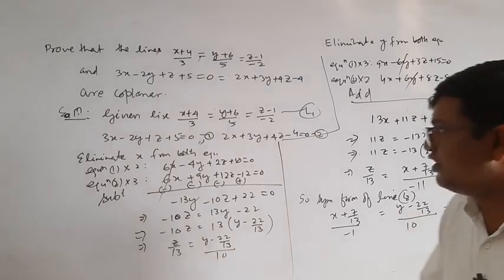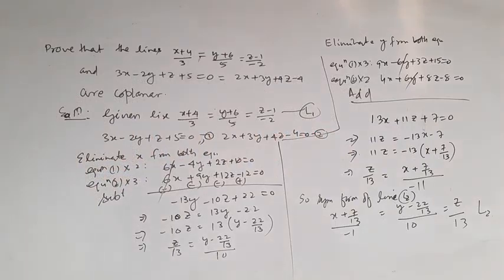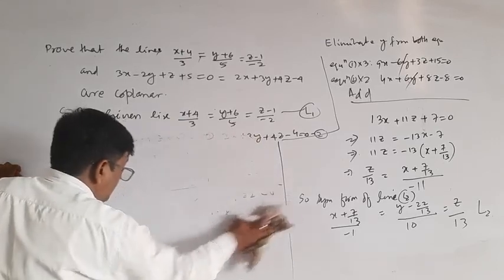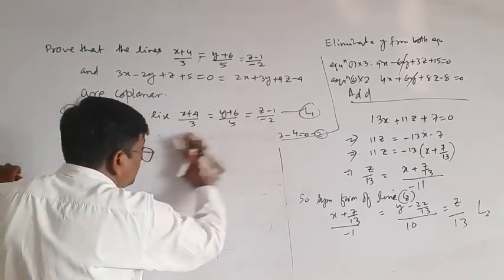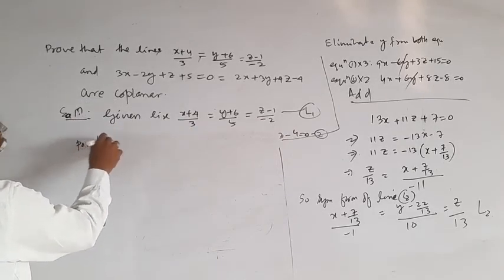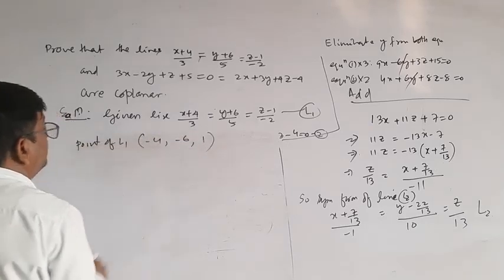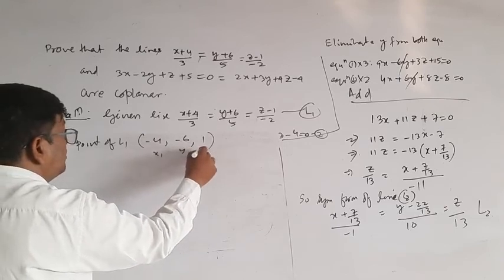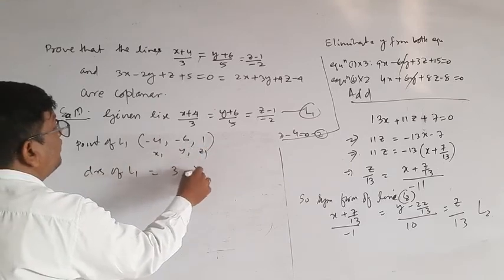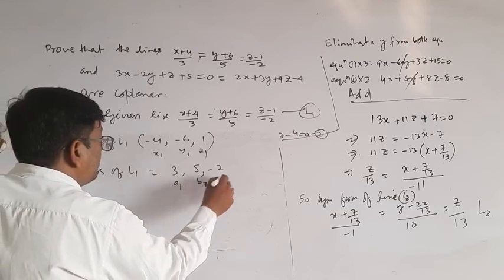Now apply the condition for coplanarity. So we get A1, B1, C1, A2, B2, C2. The point of line L1 is (-4, -6, 1), that is x1, y1, z1. The DRs of L1 are 3, 5, -2, that is A1, B1, C1.